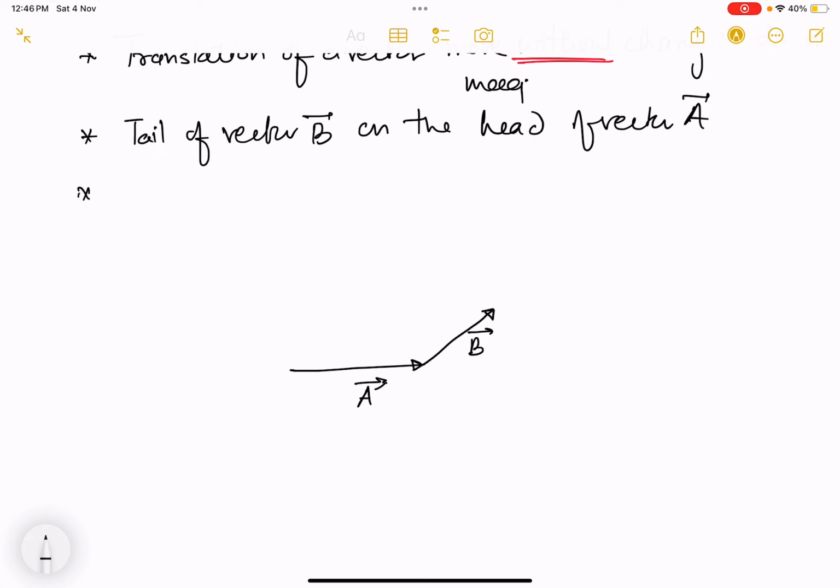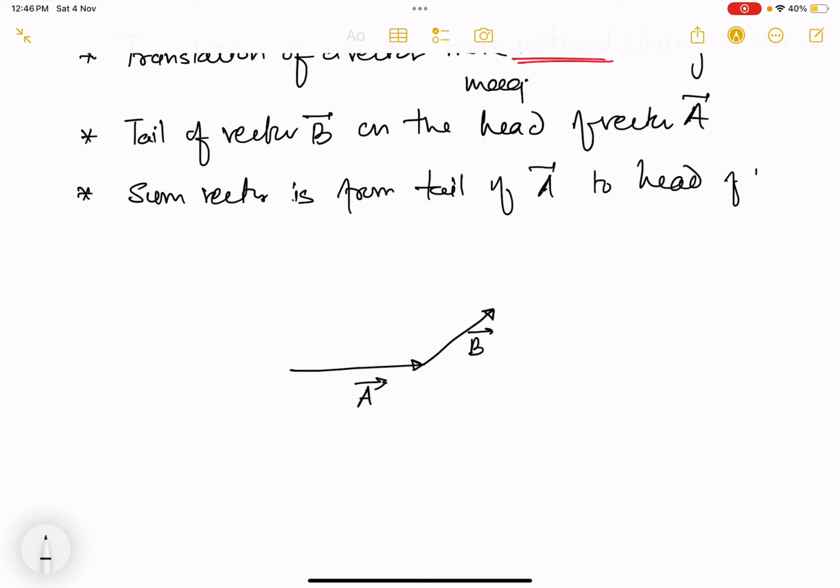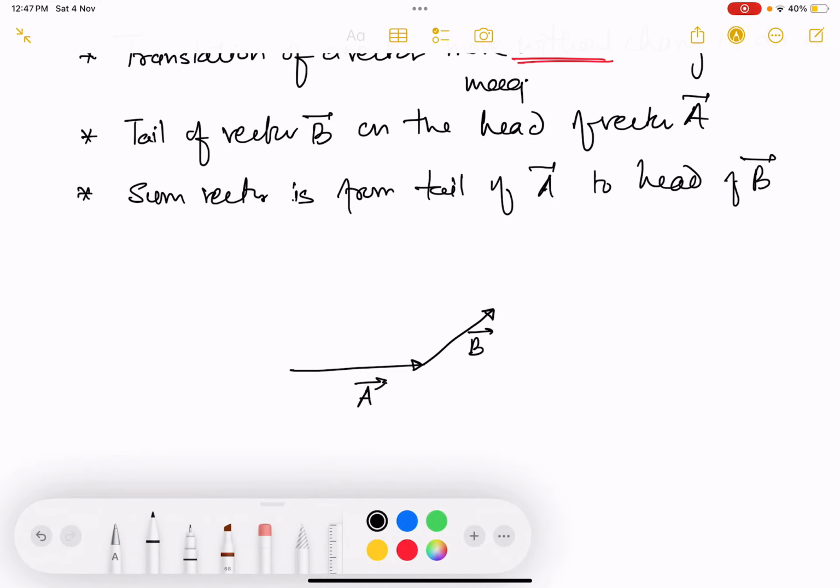The sum vector is from the tail of A to the head of B. I use a different color now.